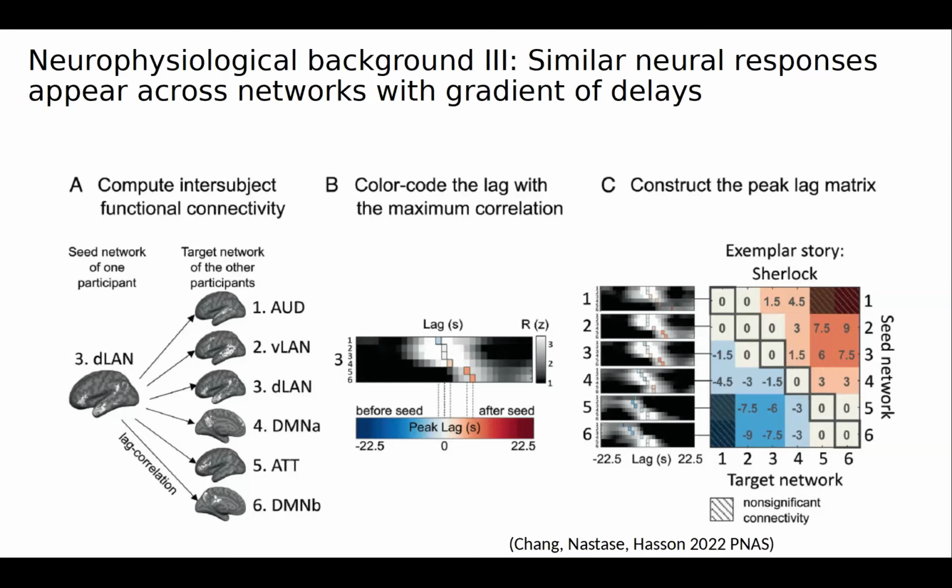And when we look at this lag matrix, where basically every cell is showing the temporal lag between, for example, network 3 here and network 5, network 3 and 5 are correlated 6 seconds after the input is presented. And so we can see in this lag matrix the structure of temporal processing across these different networks in the brain.